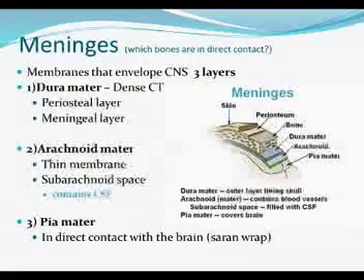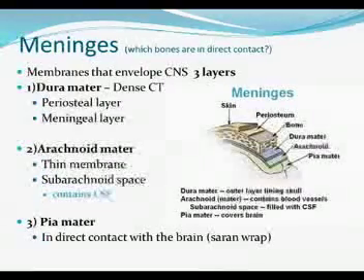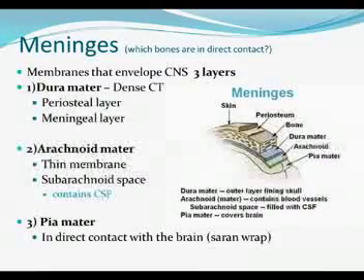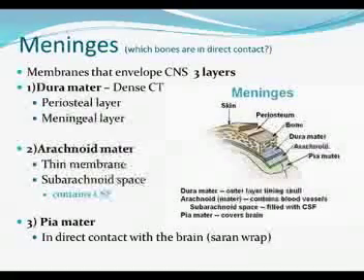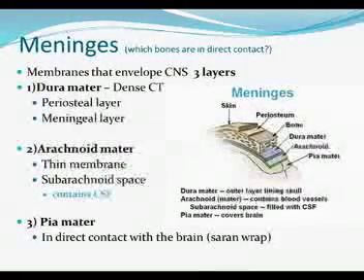The deepest layer is the pia mater, and this is the one that directly covers the brain, basically acting like saran wrap, shrink-wrapped around the brain very tightly. It's another one you can actually see on the sheep brain. When you're making these cuts, you can feel this thin film over it, and that's the pia mater.